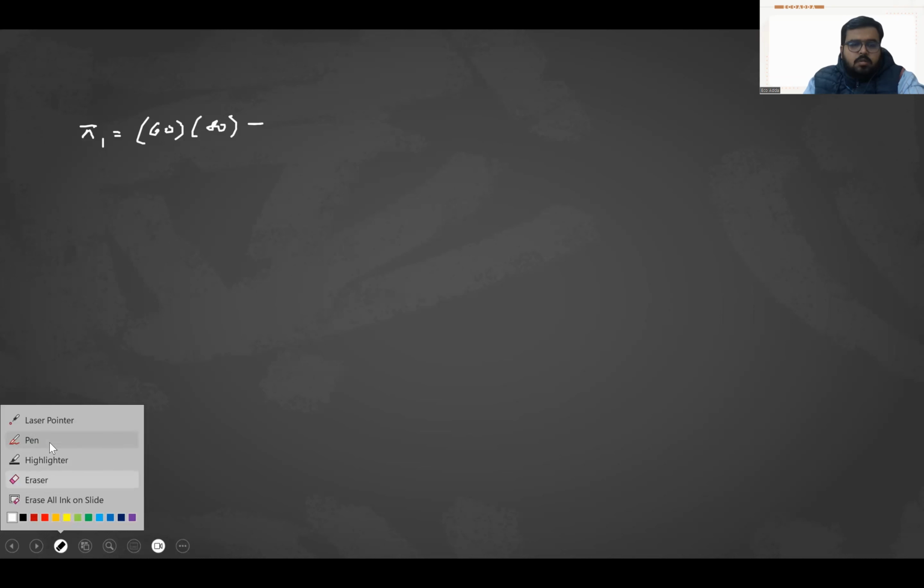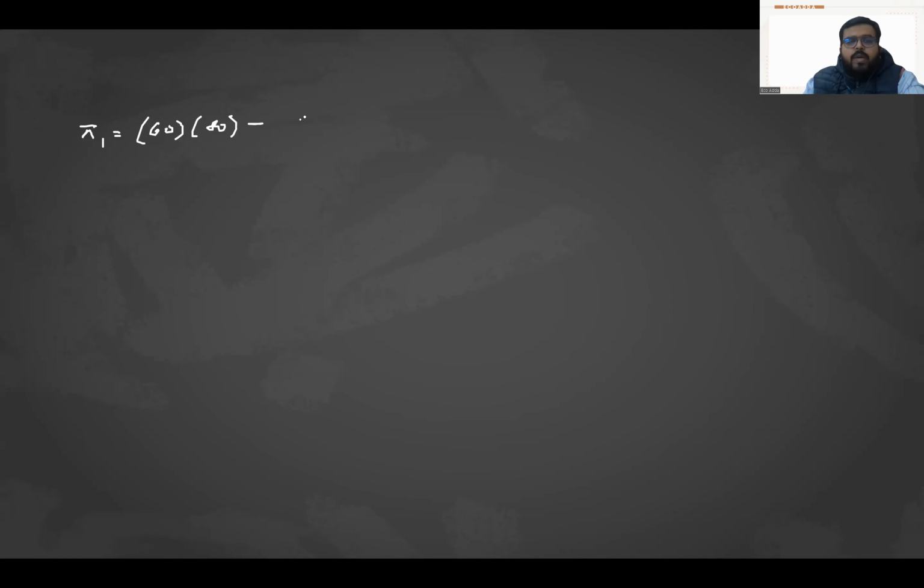Q1 is 80, and this is 80 into 40, which equals 3200. So this is the profit of firm 1. Now we need to calculate the profit of firm 2, which is price into quantity, price 60, quantity for firm 2 is 40, minus cost.